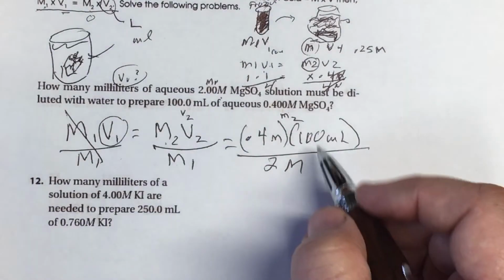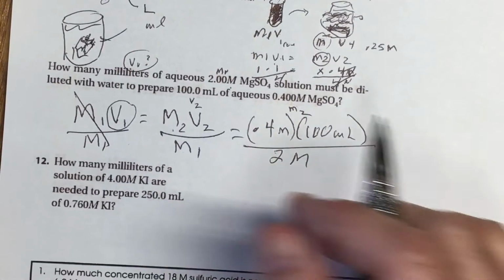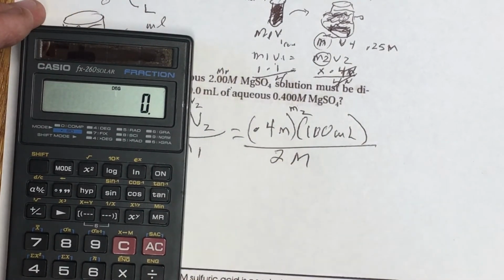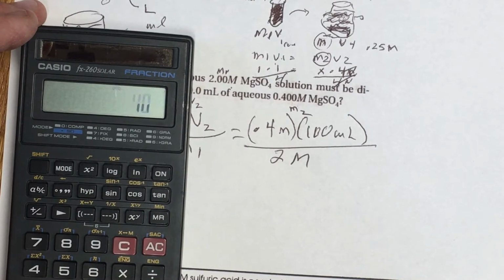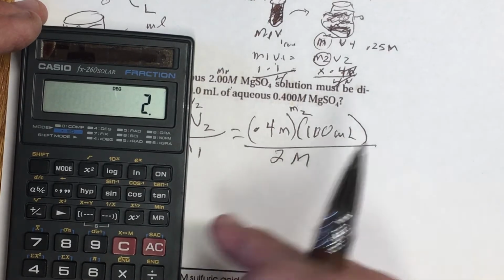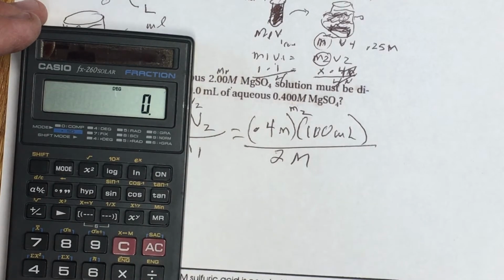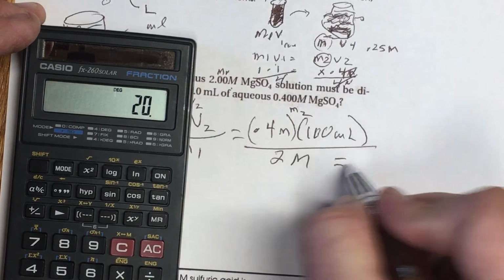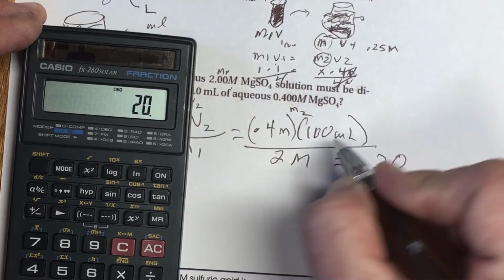Going to put this in the calculator. 0.4 times 100, and I'm going to divide that by 2 equals, oh wait, something went wrong there. 0.4 times 100 equals, divided by 2 equals 20.